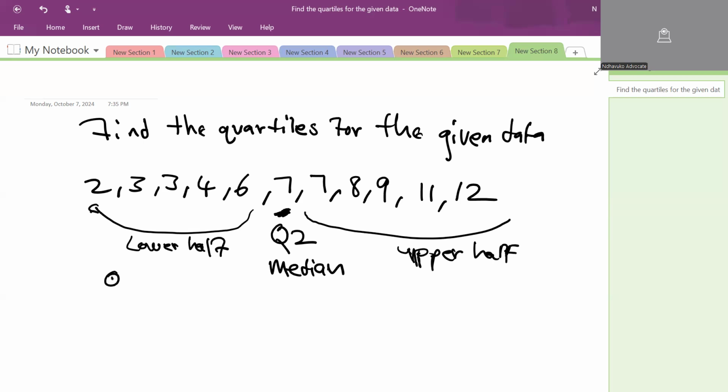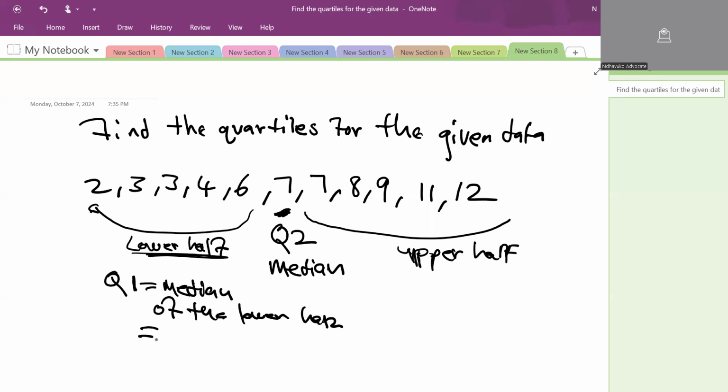So Q1 is the median of the lower half, class. Then we find the median here in the lower half.